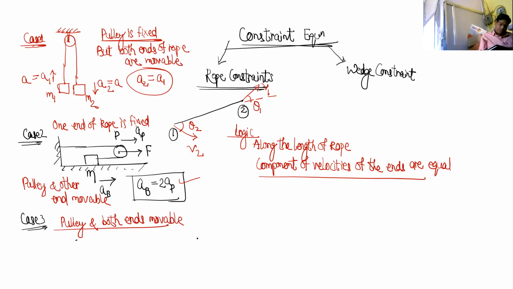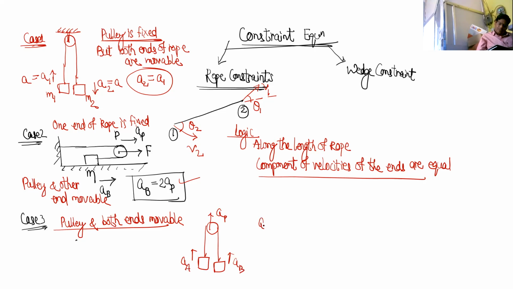Okay, that means this is the situation. All are moving. Let's say its acceleration is a1, its acceleration is a2, its acceleration is let's say AP. Let's write them as A1 and A2 and AP.